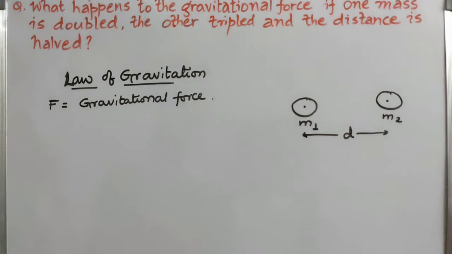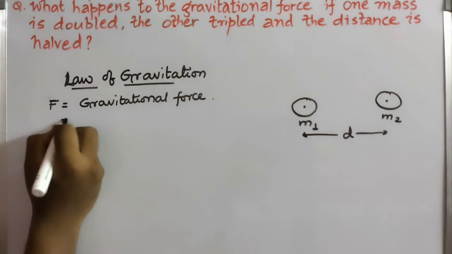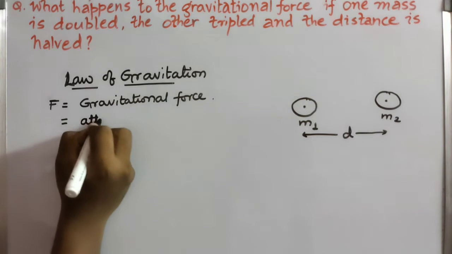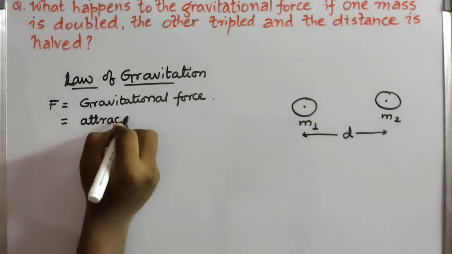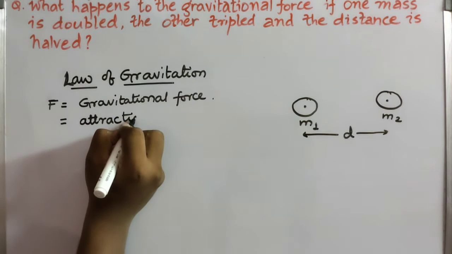So m1 and m2, let us take them as point masses separated by distance d. And this force of gravitation is always an attractive force.